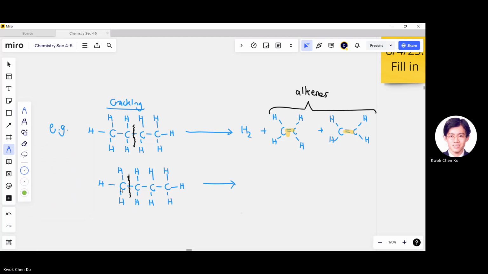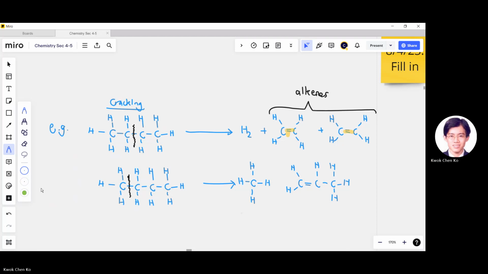I get 1 carbon, and I get 3 carbons here. Again, same thing, count. Make sure the hydrogen and carbons are the same number on both sides. Same, right? I hope you can convince yourself, total 4 carbons, 10 hydrogens. Correct?